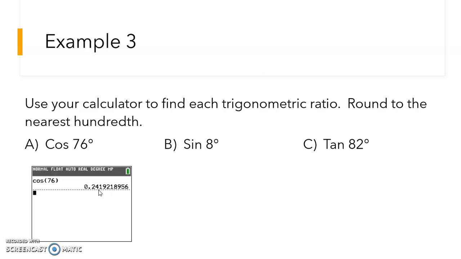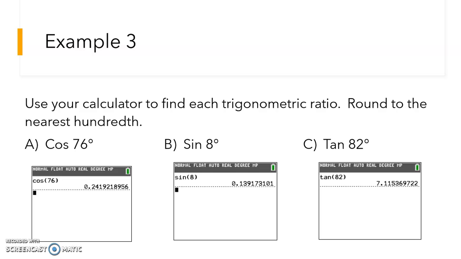Okay, so you're going to try the next two. See if you can do B, the sine of 8 degrees, and C, the tangent of 82, and then hit play and see if you're right. For the sine of 8 degrees, you would type sine 8, close the parentheses, and you get 0.14 if you round this to the hundredths place.